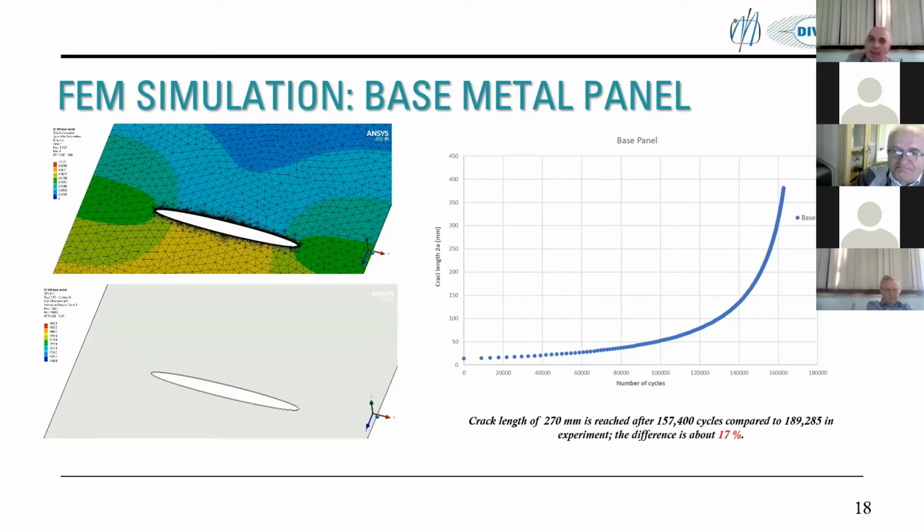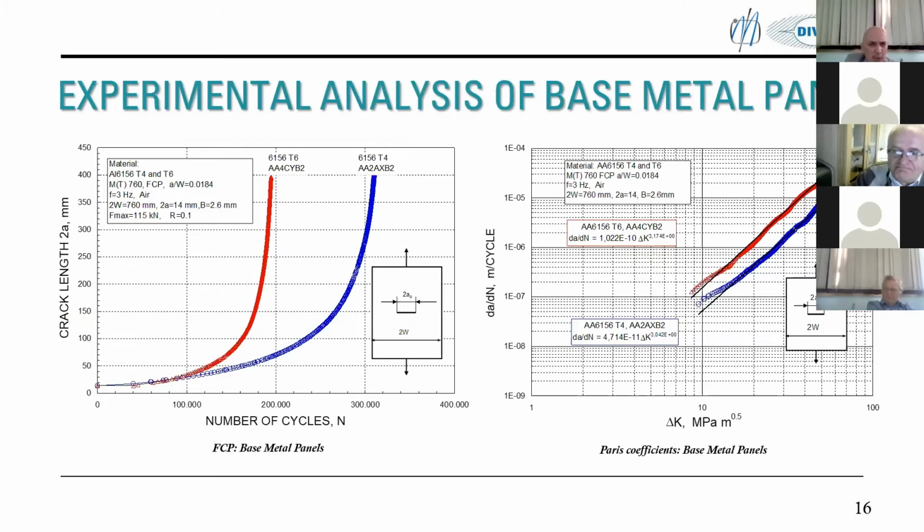in all these experiments, in these simulations, I'm sorry, you can see here this is the only info that we had about force. So maximum force 115 kilonewtons and ratio 0.1. So in our simulation we applied constant force and then defined this ratio, and this is what we got. Probably during the experiment there was a slight change, or maybe bigger or smaller change.